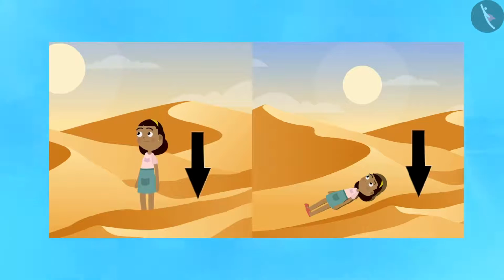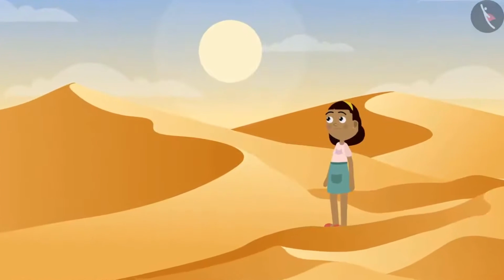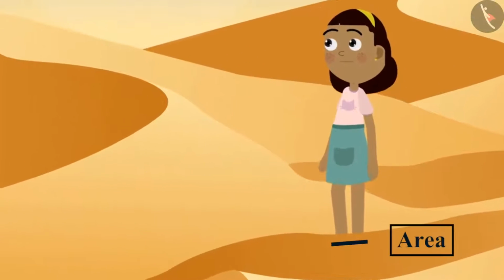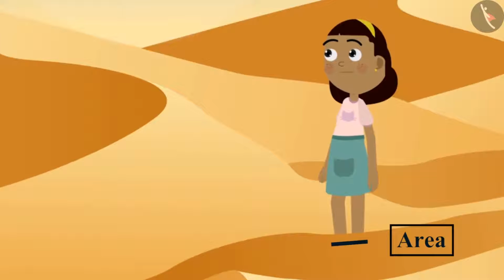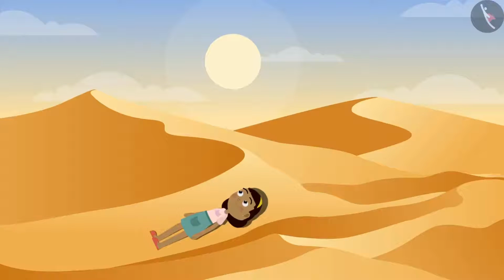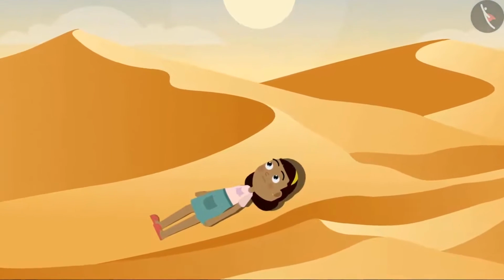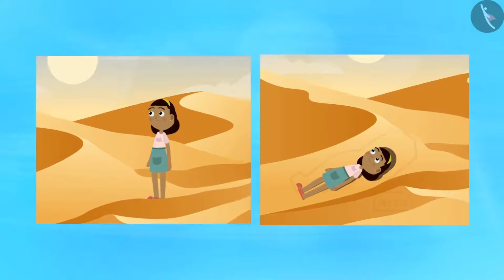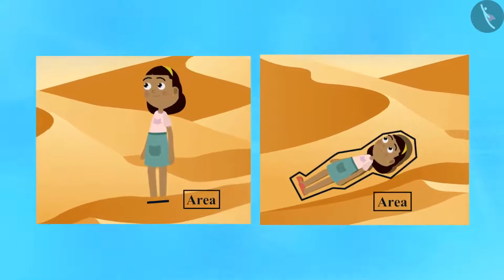Let's go to the desert example again. When you are standing and lying on the desert sand. When you are standing on the sand, the force is acting on an area equal to the area of your feet. Whereas when you are lying on the sand, the force is acting on an area equal to the area of your body. The contact area is larger in the second case.